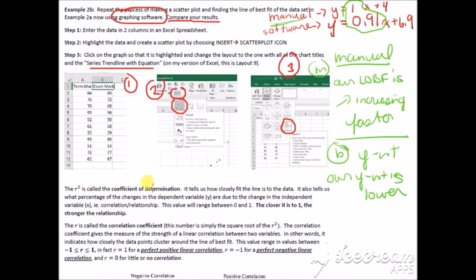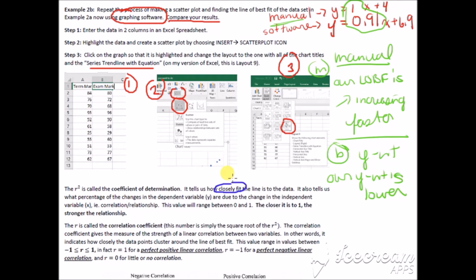The r squared is called the coefficient of determination. Basically, what r squared does is it tells you how closely fit the line is around the data. It tells us the percentage of change in one variable that is dependent on the other. Formally, of the changes in the dependent variable, what percentage are due to the change of the independent variable.